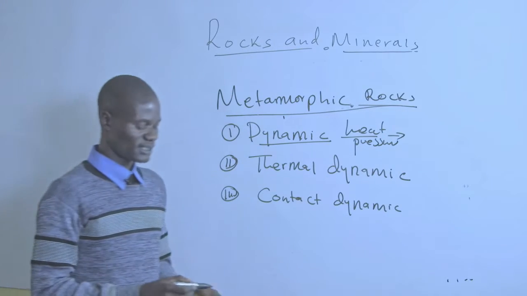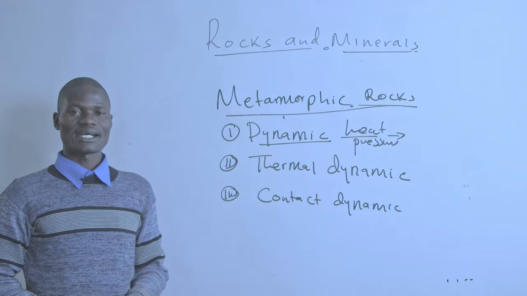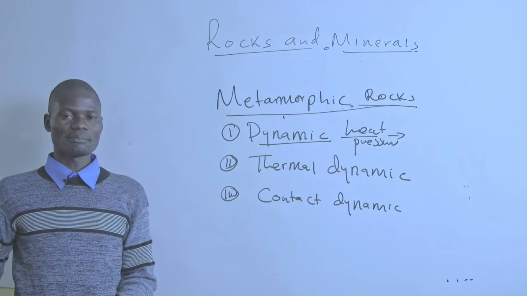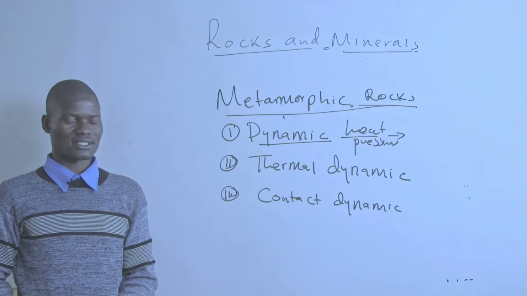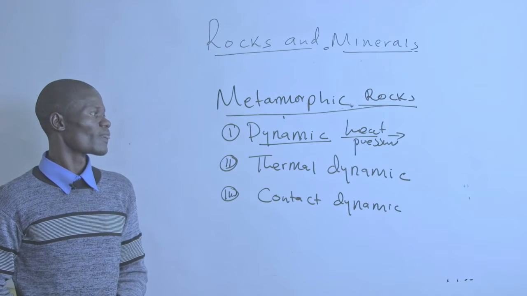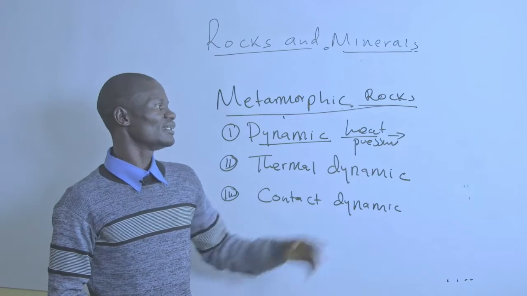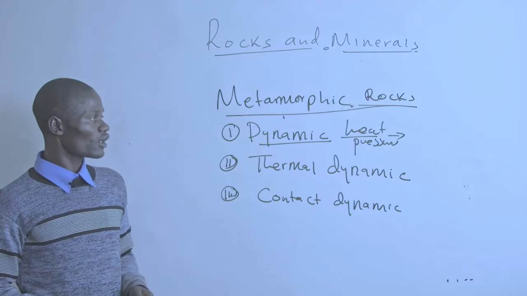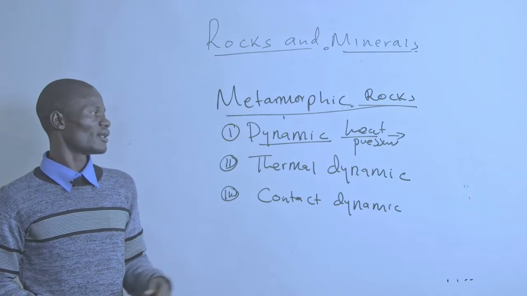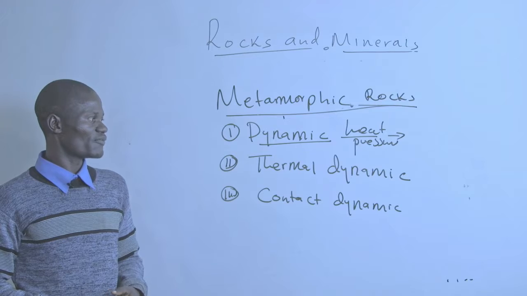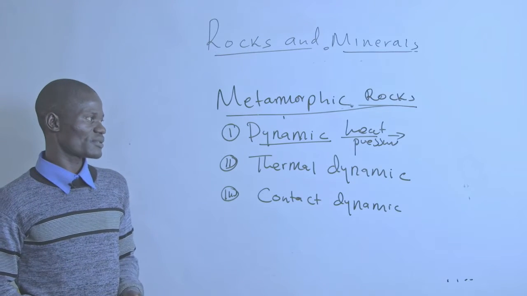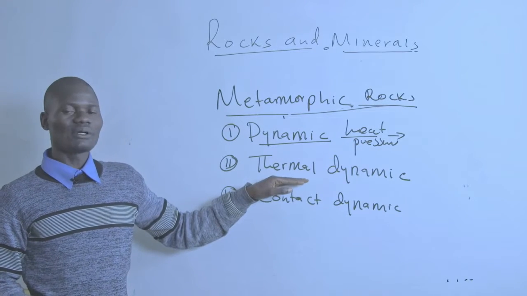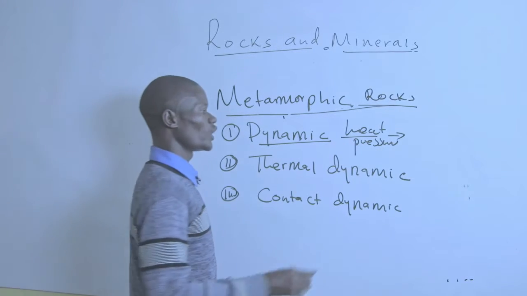And then it will result in a new characteristic of rock having a new appearance. If we pick an example of a rock that has undergone dynamic metamorphism, thermal dynamic metamorphism, this is both for heat and pressure, while thermal dynamic involves only heat.